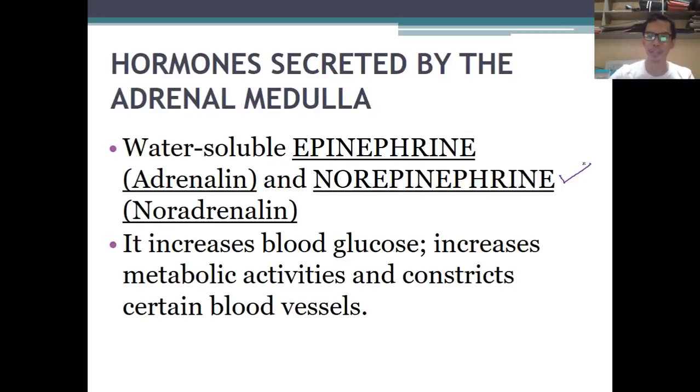Alright, so next one is, what's the function of these hormones? It increases blood glucose, increases metabolic activity, and constricts certain blood vessels. So as you can see, that's the work of the sympathetic nervous system or sympathetic division.